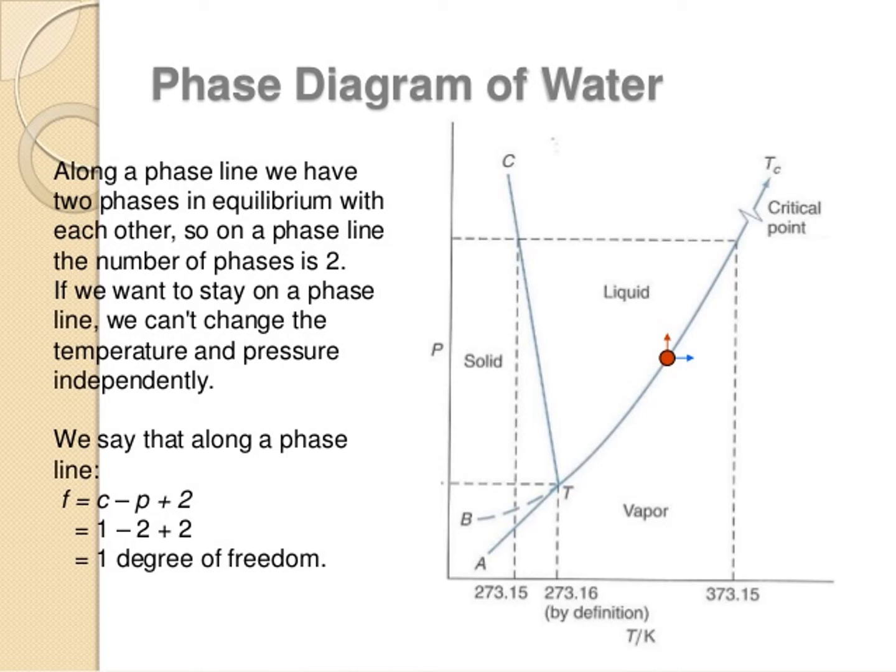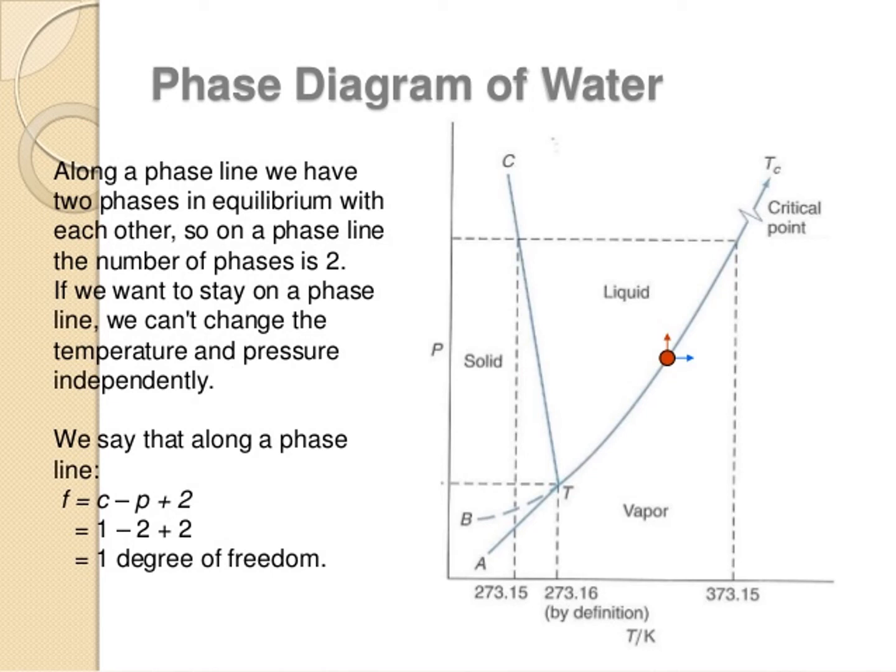For example, on one line the liquid and solid phases are in equilibrium, on another the liquid and vapor are in equilibrium, and on another the solid and vapor are in equilibrium. So each line has two phases in equilibrium.